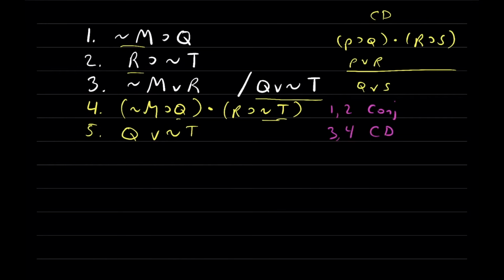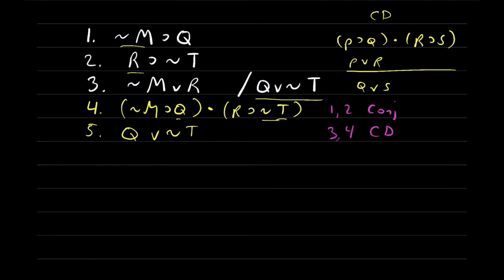In order to be able to use a rule like constructive dilemma, it has to match the form exactly. You have to have a disjunction, and each of those two terms has to imply something else by a conditional, but those two conditionals have to be conjoined together with a dot. And from those, you can conclude that one of the two consequents, in this case, Q or not T, would have to be the case.